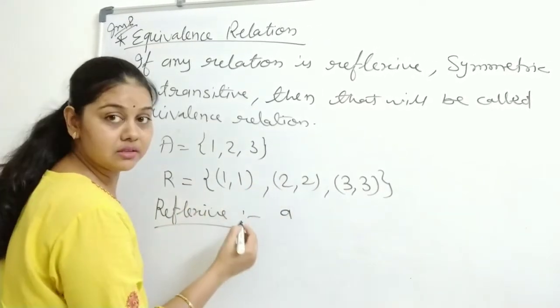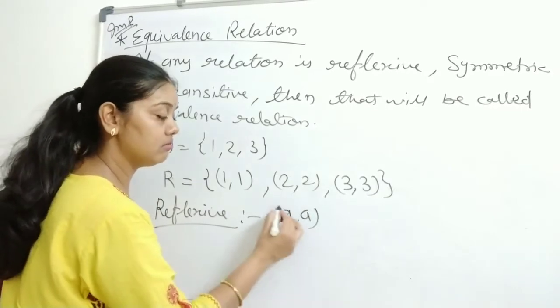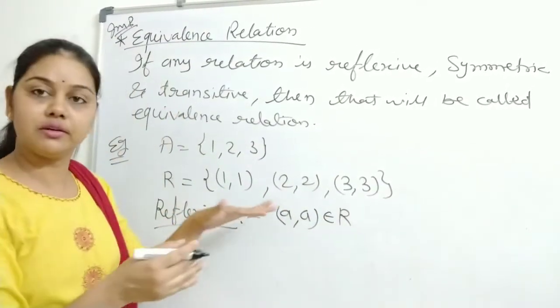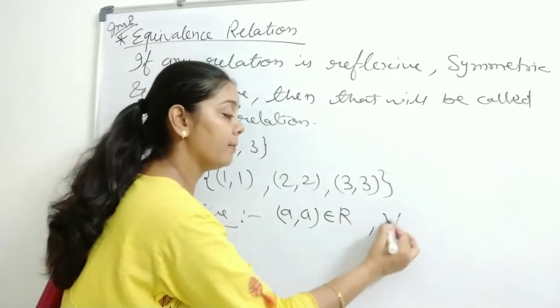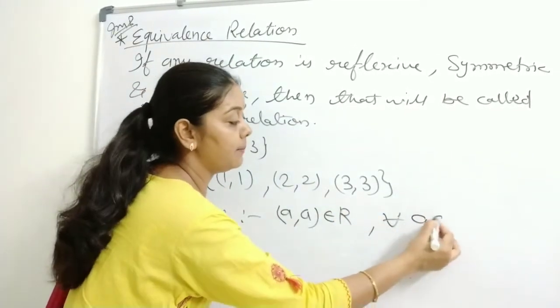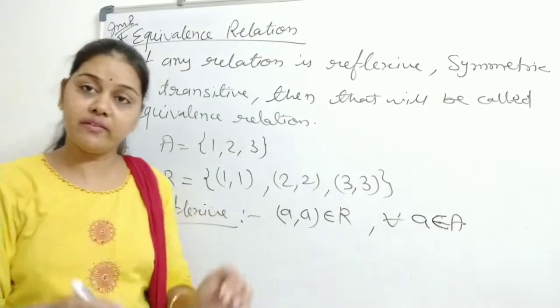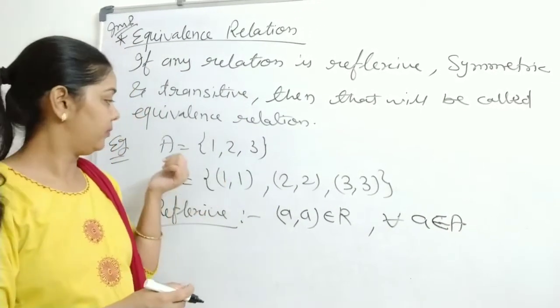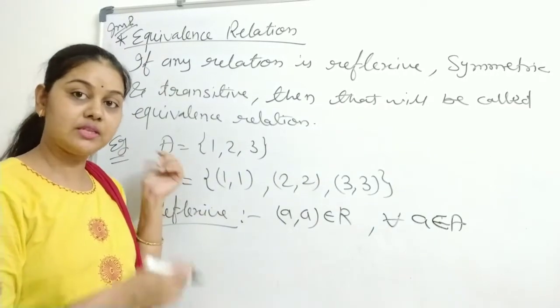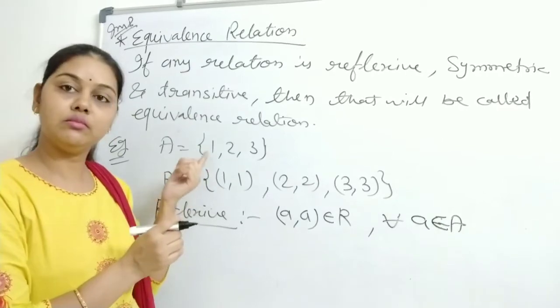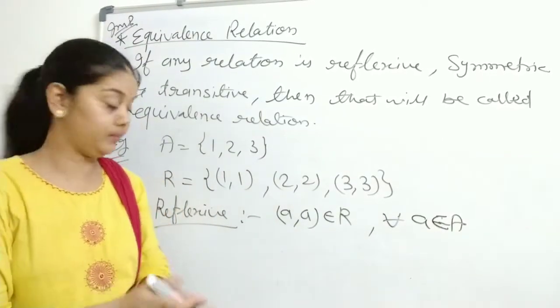All the elements are related with themselves. For every value of a belongs to A, it means for each and every element of the set A, I am having a relation from element a to a.